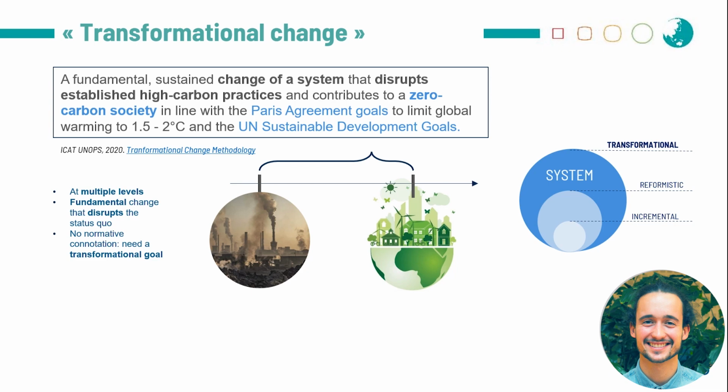Hello everyone, and thank you, Karen, for the introduction. So I will now continue to explain the content of our research article on transformational change. But first, let me introduce myself. I'm Nicolas Desmoitiers. I was a research assistant at UNEP DTU Partnership, which is now the UNEP Copenhagen Climate Centre, in 2019.